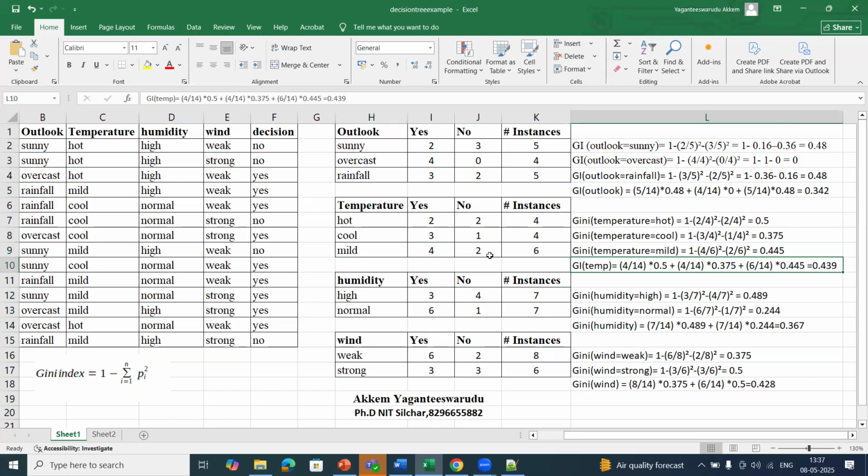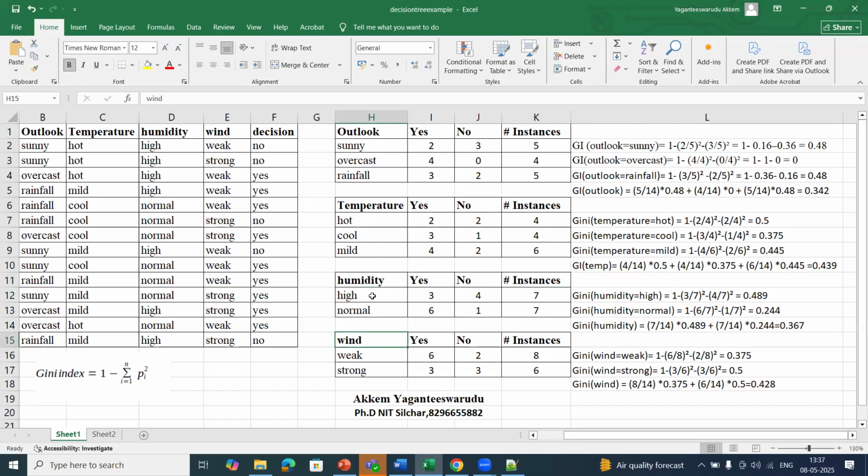Total records are 14. So 4 by 14 into 0.5 plus 4 by 14 into 0.375 plus 6 by 14 into 0.445, that is 0.439. And similarly calculate the Gini index for humidity and the Gini index for wind.